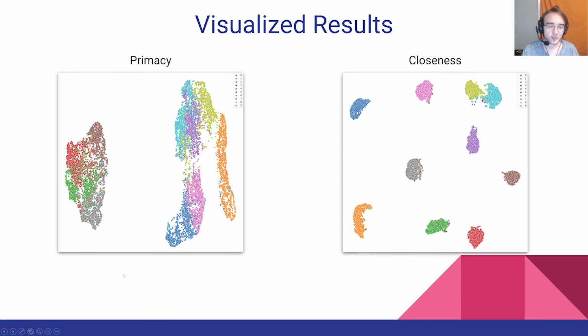You can see how these groupings differ quite substantially, with primacy forming two different main groups, maybe three if you consider orange a third, and closeness actually separates them into 10 different ones, which is a good way of showing how the different metacriteria that the researchers can place in the feedback loop can greatly influence the groupings that can occur in the same data set.